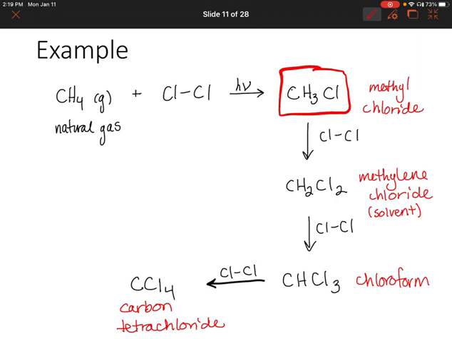Okay, now let's talk about the regiochemistry of this reaction. So where does chlorine add, where does bromine add to a reactant? So let's say we have the following alkane. It's pretty simple.